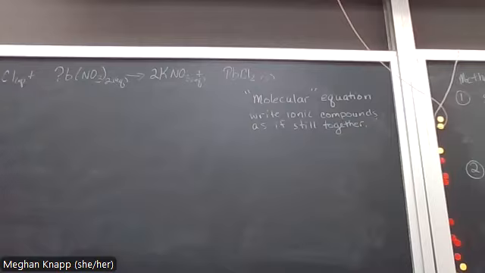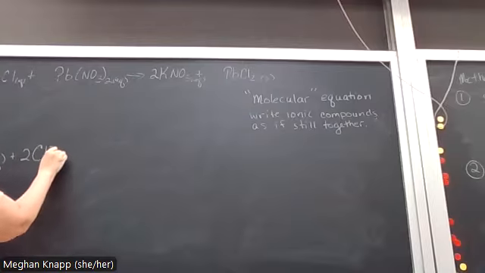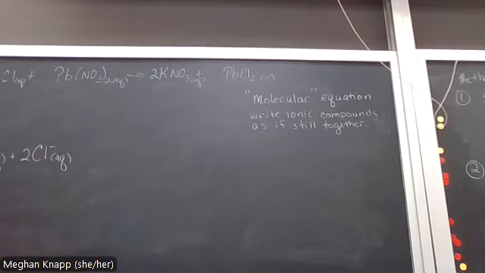So it would be more appropriate to write this. So I took KCl and I broke it up into a +1, -1, and I put a 2 in front of each of it because I've got a coefficient of 2.